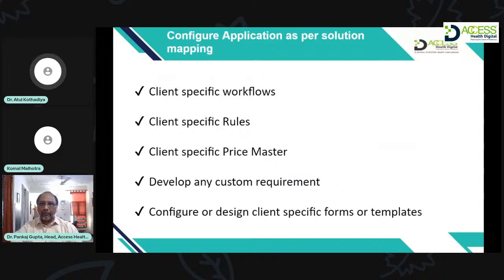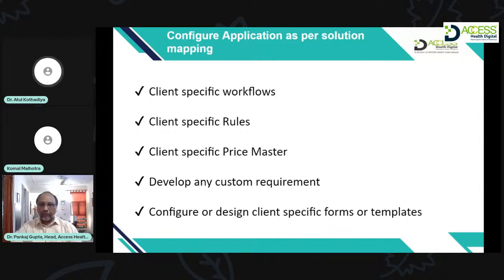So configuration, we saw what is the difference between configuration and customization. Basically, if the requirement is met without changing the code, it is called configuration, and all the workflows are configured by the client team or by the vendor team, basically the implementation team. All the specific rules are set. Specific price master is also set.